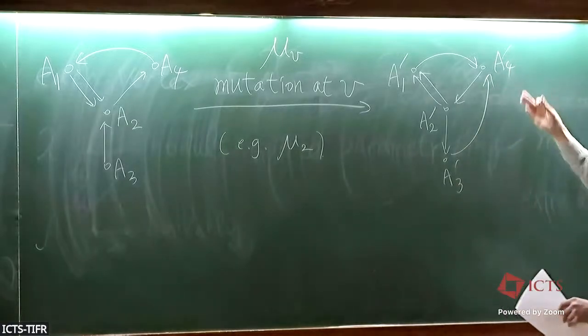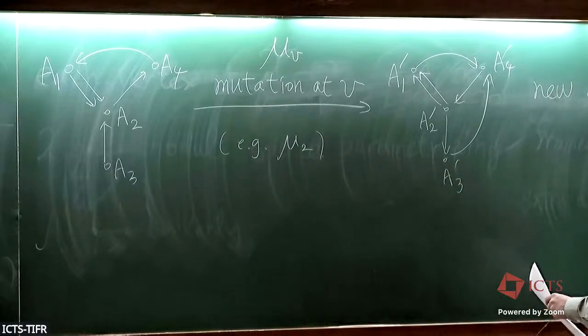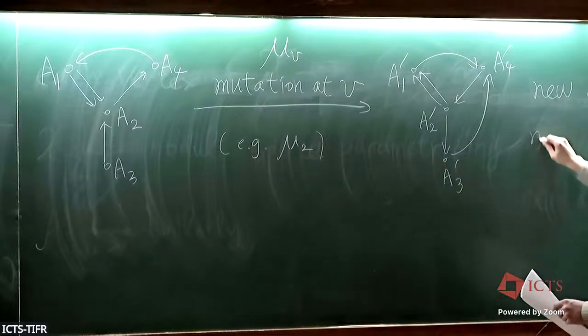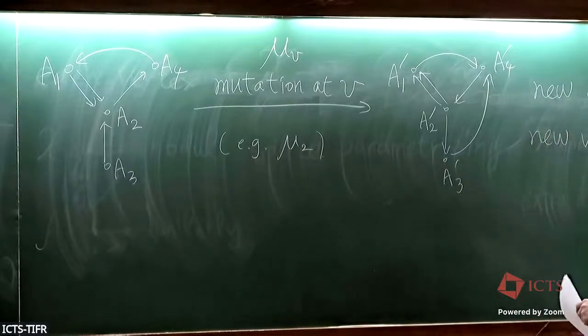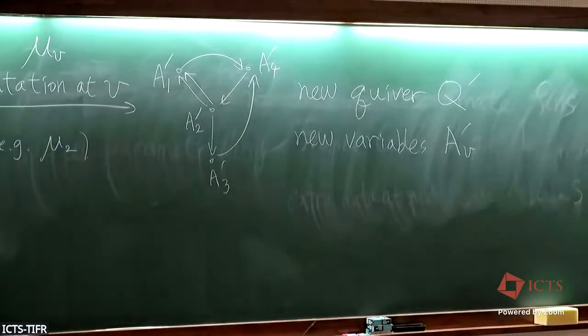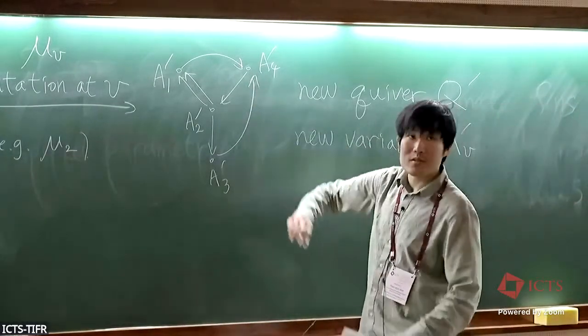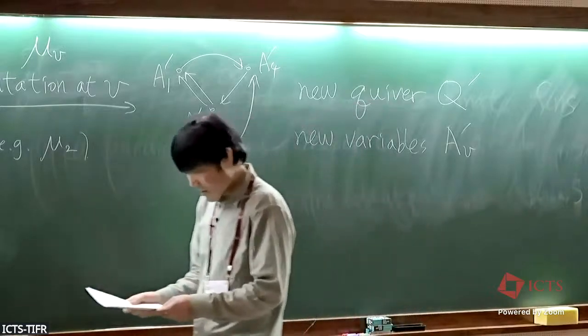So some new quiver with some new variables. Let's say Q prime with new variables. New quiver means that you don't touch the set of vertices, but you only change the arrows in some way.